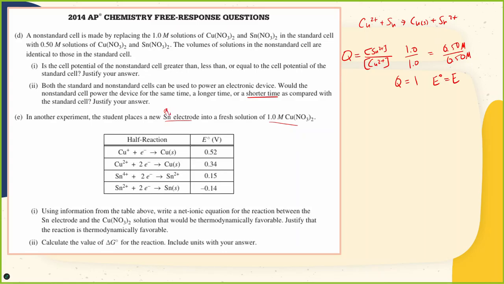Or, nope, I'm probably going to go with this being that. You're not putting the tin electrode into the copper solution, so I don't know why that is. But using the information above in the table, write the net ionic equation for the reaction that would be thermodynamically favorable. Justify that the reaction is thermodynamically favorable.